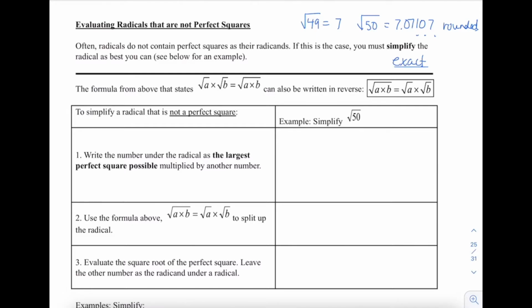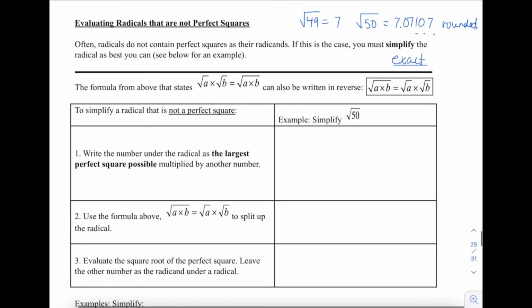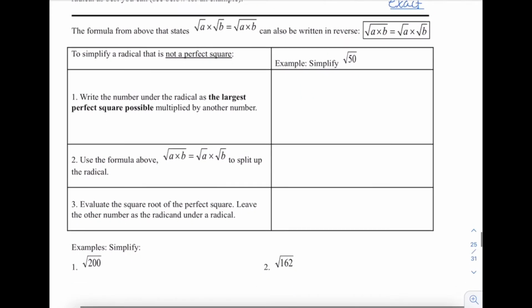So what we need to look at is this relationship we've already seen, which is square root of a times square root of b is square root of a times b. And what we're actually going to do is use it backwards, okay? So I'm going to show you how. The first thing we want to do is write out all the factors of 50.